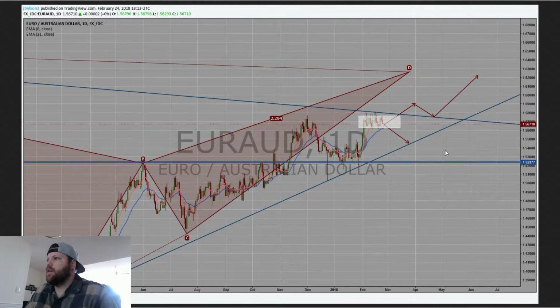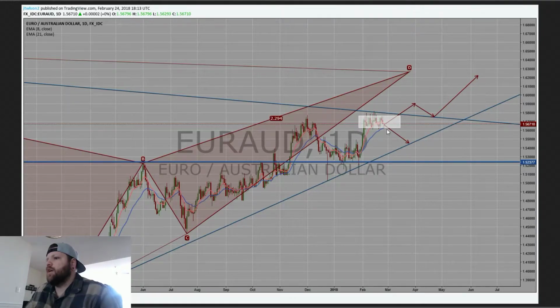Dropping down to the daily time frame, you'll see I have the same consolidation box that I've had drawn in the last 2 weeks of videos, and it'll be more prominent on the 4-hour time frame. But I don't trade consolidation. I'm not a fan of it, and so I wait for a breakout of this box, preferably to the upside, because that is what would make the most sense.